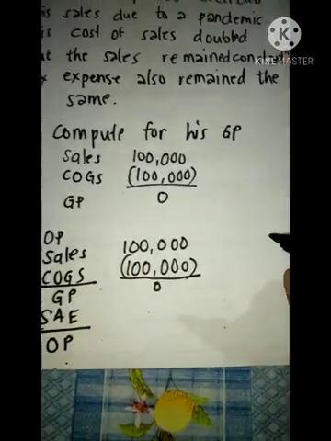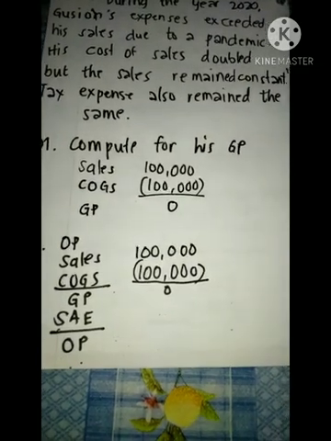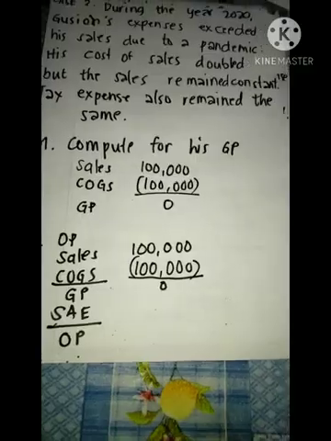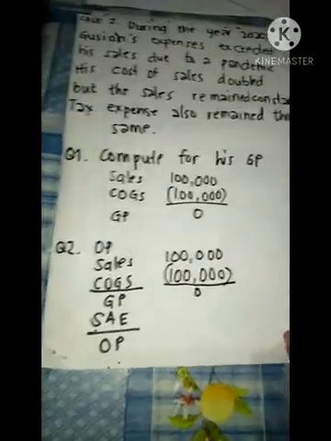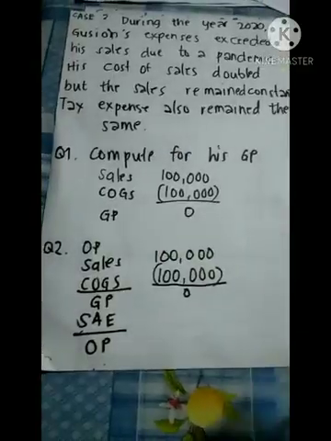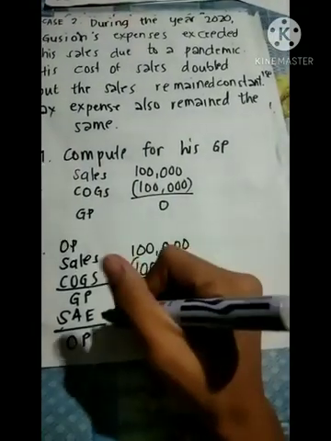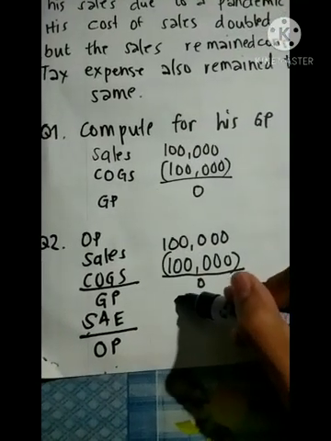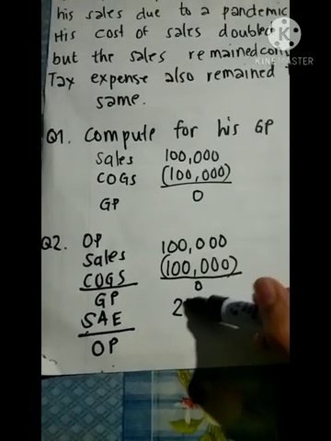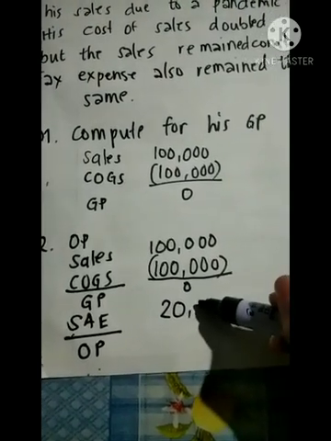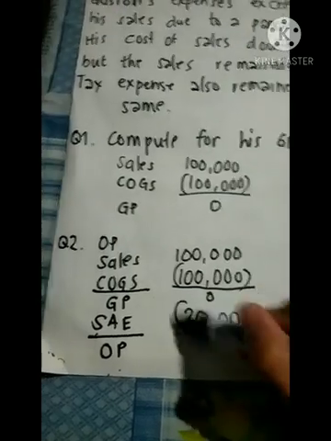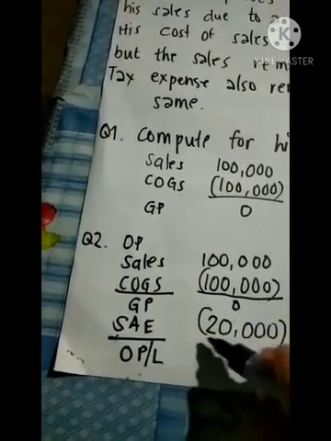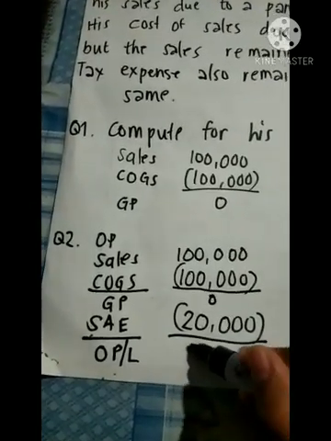Zero gross profit. Ngayon, meron pa rin siyang nai-incur na fixed expenses dahil kahit, gaya nga ng sabi ko kanina, kahit anong mangyari, andun pa rin yun. So, the salaries and administrative expenses is 20,000. So, your operating profit or loss, dahil loss na siya, 20,000.